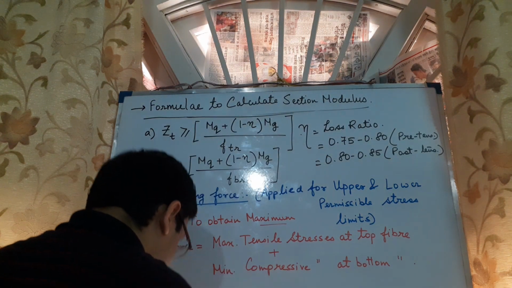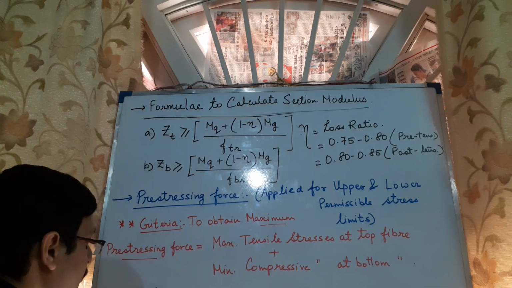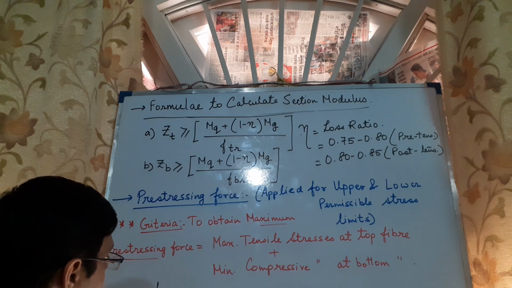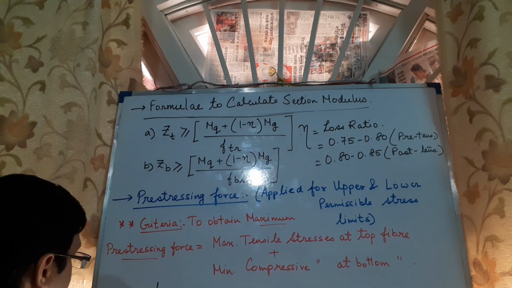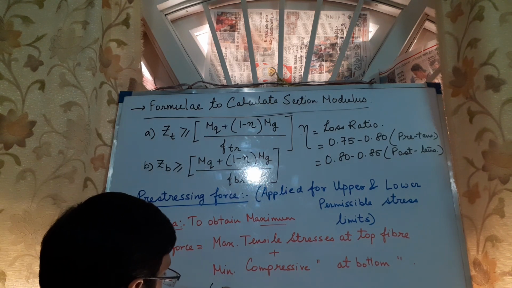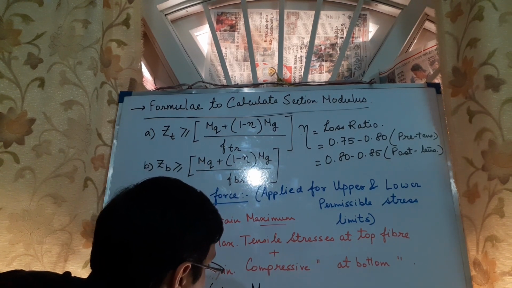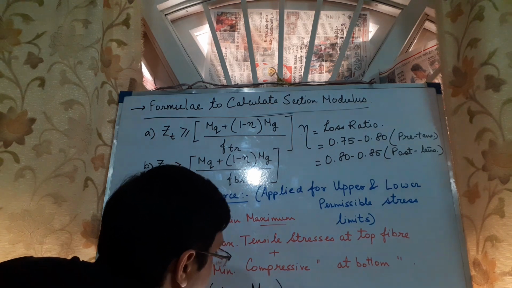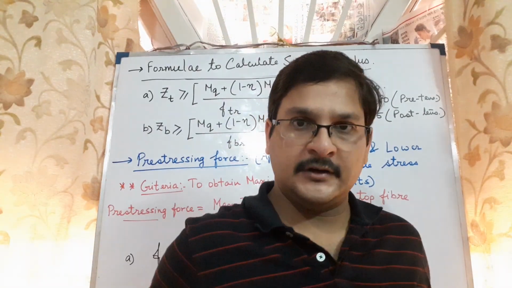Now, what are the formulas? The first formula is, we know that F superior is greater than or equal to FTT minus Mg by Zt. This is the first formula we know.